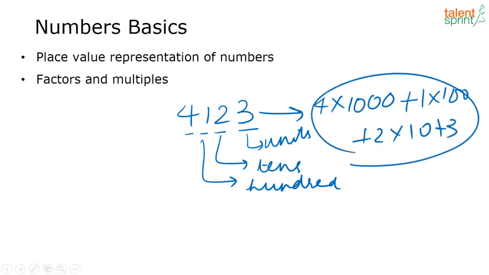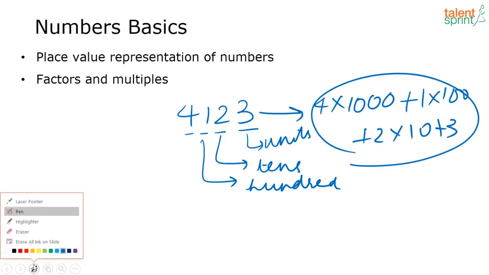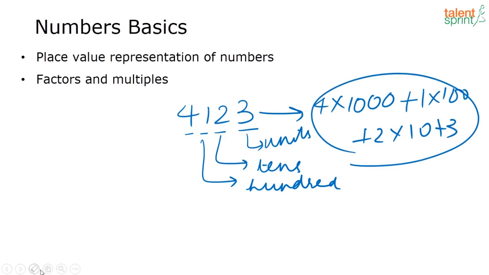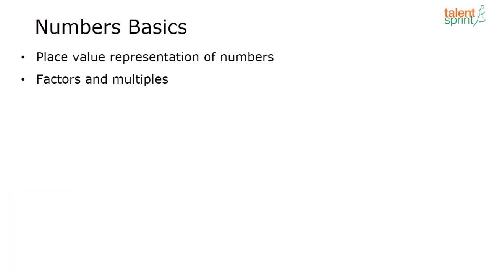Now, where does this concept come in when solving questions asked in the exams? Sometimes you have a number, let us say AB. How do I represent this number in the expanded form? It is nothing but 10A plus B. Sometimes in the questions they will say you are interchanging the digits of the number. So what will the number now be?